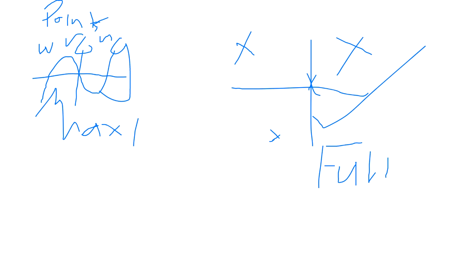Now, a trigonometric graph has some attributes that you must know. The first one is amplitude. Amplitude simply tells you how far your graph is from the x-axis.